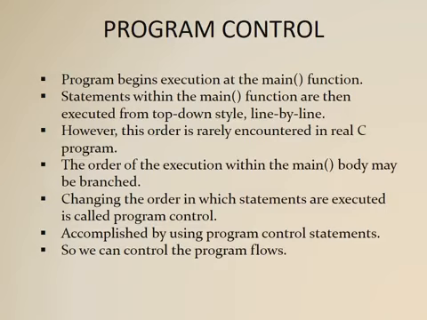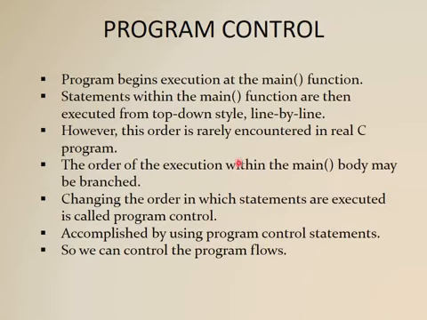So the program begins its execution at the main function. As we all know, the main function will start the execution of our C program, and the statements within the main function are then executed from the top down, that is, line by line. However, this order is rarely encountered in real C programs because of the control flow statements.